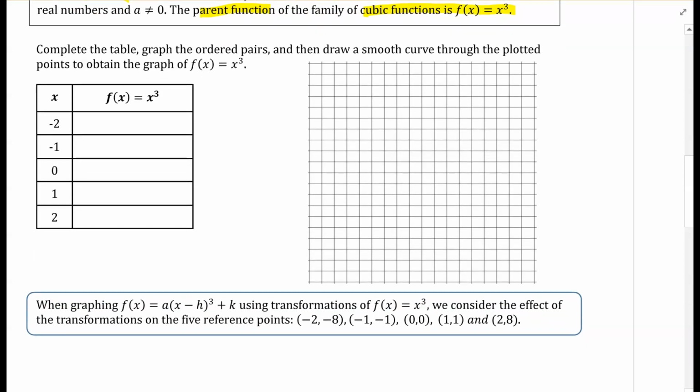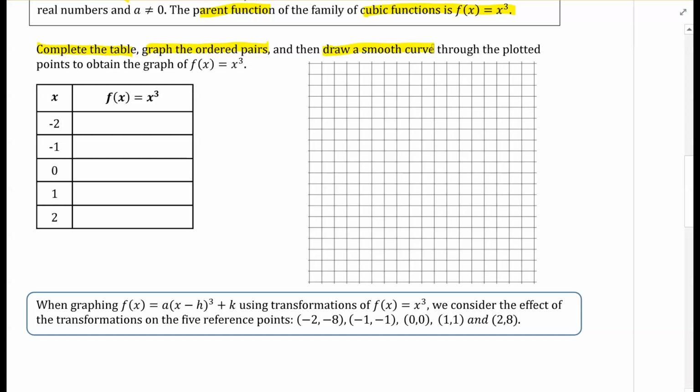Our goal for today is to explore what the parent function looks like so that we can learn how to transform it. The directions say to complete the table, graph the ordered pairs, and then draw a smooth curve through the plotted points to obtain the graph of f(x) = x^3.